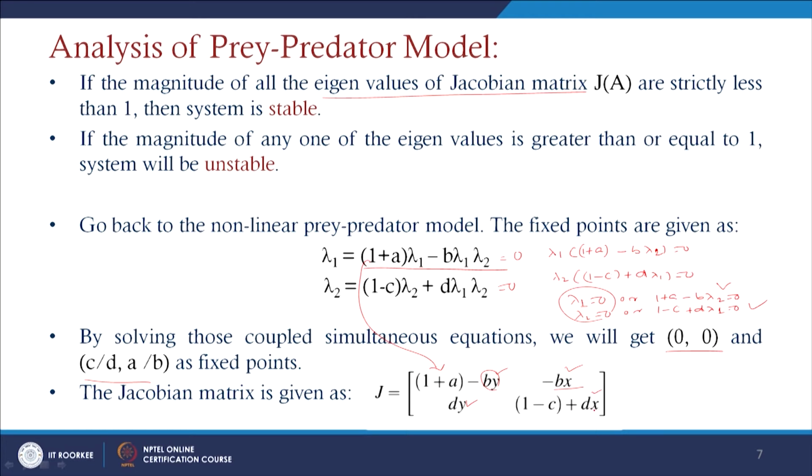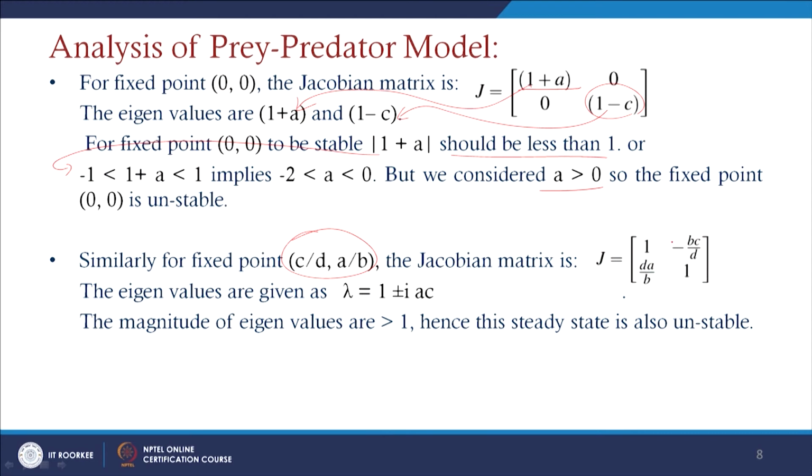So x equals c by d gives a c point here, and that is minus b c by d, and if I put y, then minus b into a by b gives minus a, and this gives d a by b.